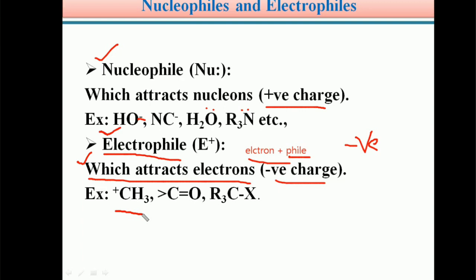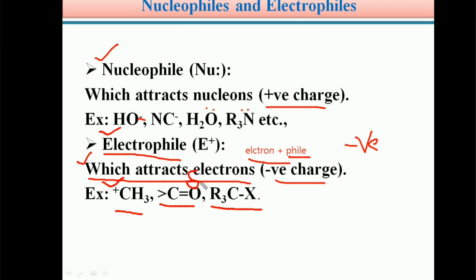Generally, a species having positive charge or electron deficient nature is taken as an electrophile. For example, a methyl carbocation can act as an electrophile. Similarly, the carbonyl functional group also acts as an electrophile, and a tertiary alkyl halide will also act as an electron deficient species. In the carbonyl group, oxygen has higher electronegativity than carbon, so oxygen attracts electron density towards itself.